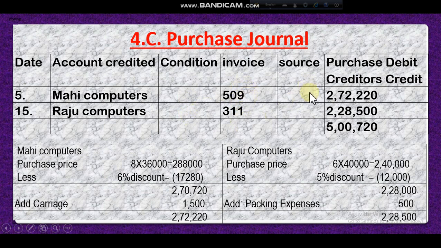Then source, here I will only give a tick mark. Then purchase account debit, creditors account credit. This is the journal of credit purchase. If I buy on credit, then I will write this way, and the calculation you understand. I hope this is clear. Again, I would like to say in purchase journal you will record only credit purchase.